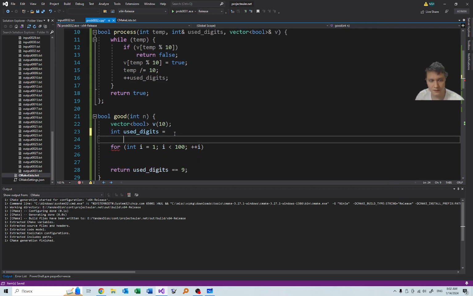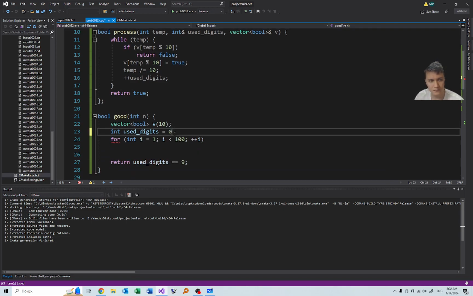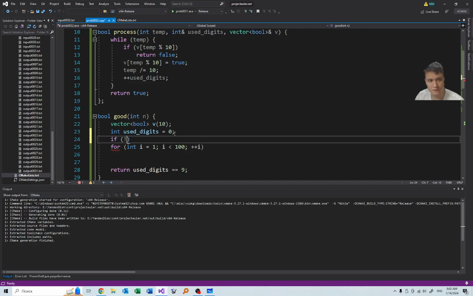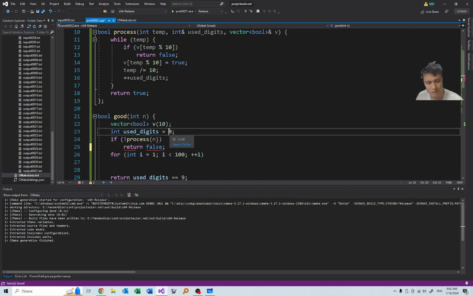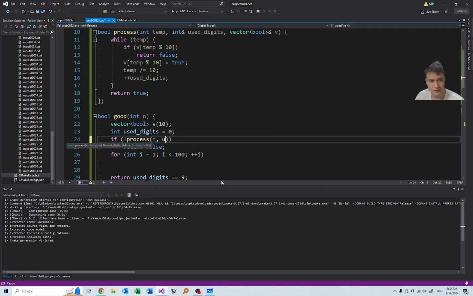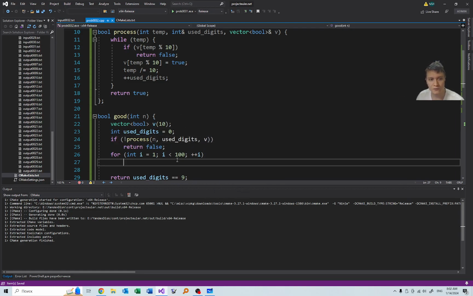Here we ask that if you failed to process n, then return false immediately. Process n, used digits, and v. Now we iterate over all numbers.